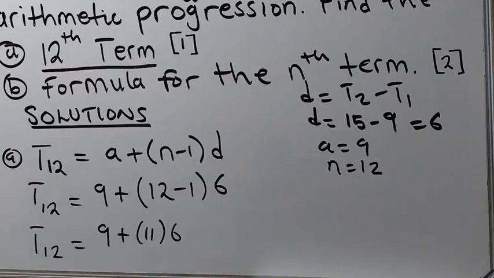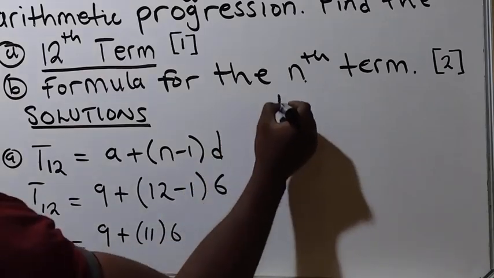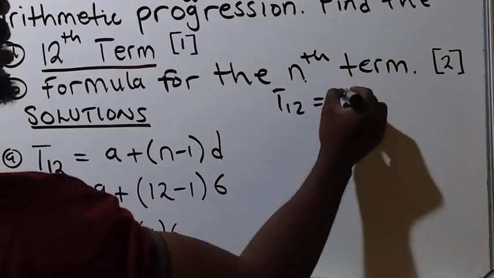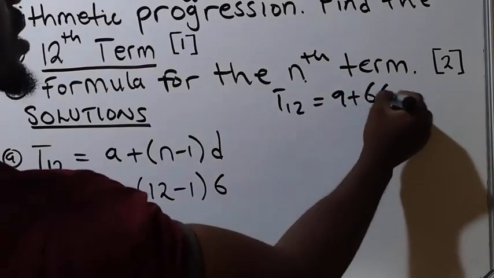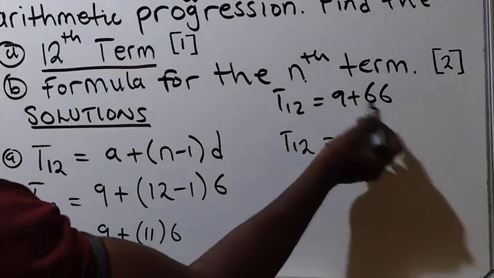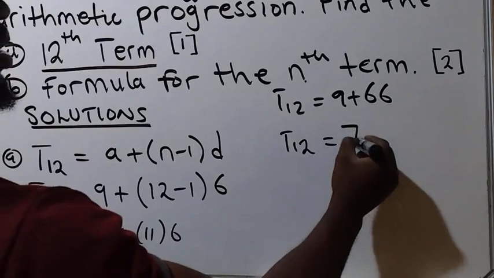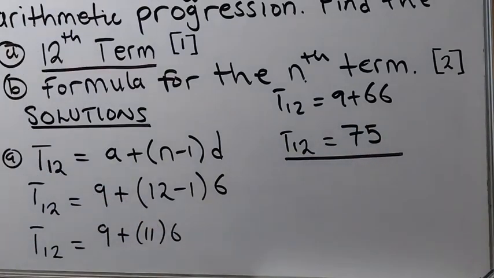You are going to get 66. So 12th term is equal to 9 plus 66. Just add 9 plus 66, and you're going to get 75. So this is the answer for question A.